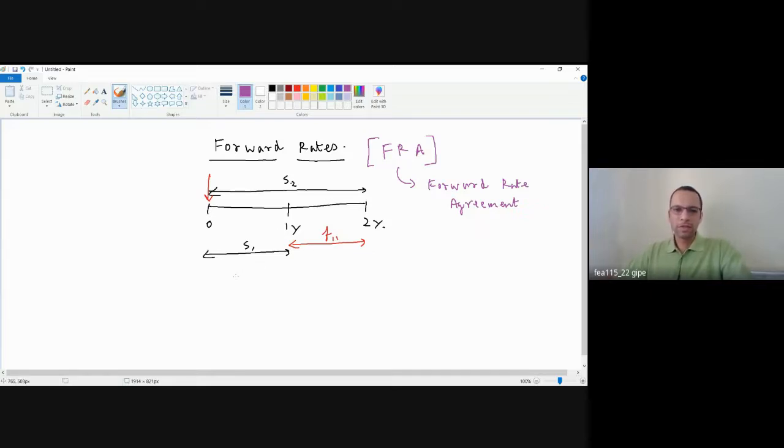Let's say S1 is my 1 year spot rate, S2 is my 2 year spot rate, and F11 is the forward rate which I'm interested in, which is my unknown. So I can write a simple equation: (1 + S2)^2 = (1 + S1)(1 + F11).